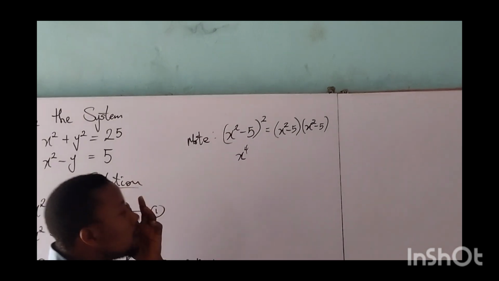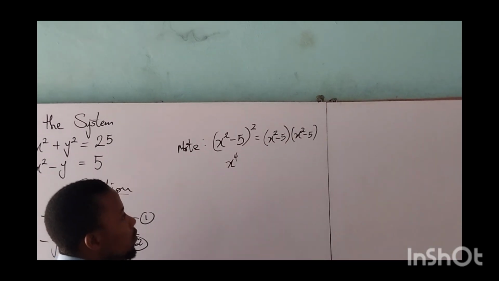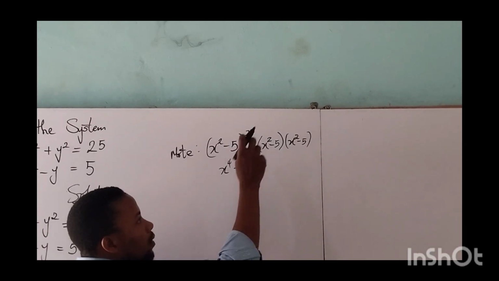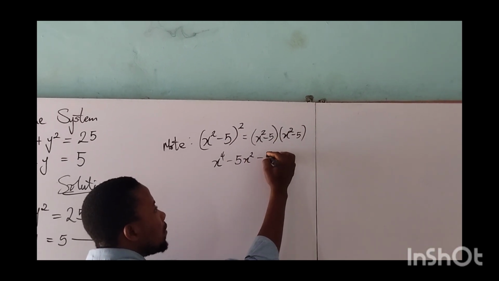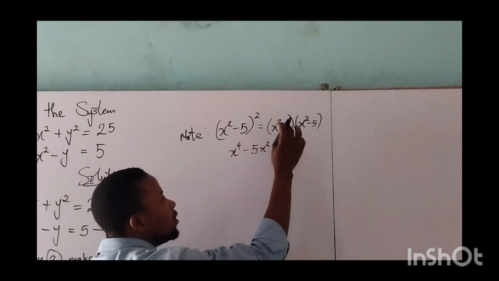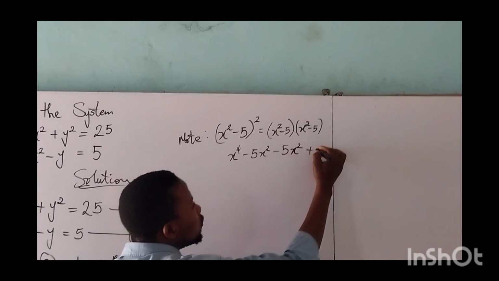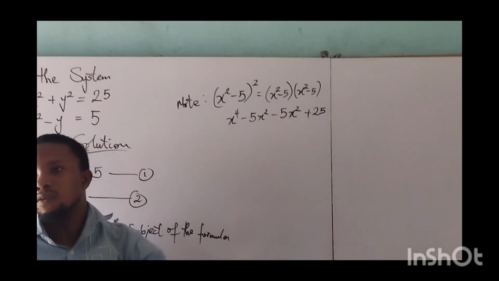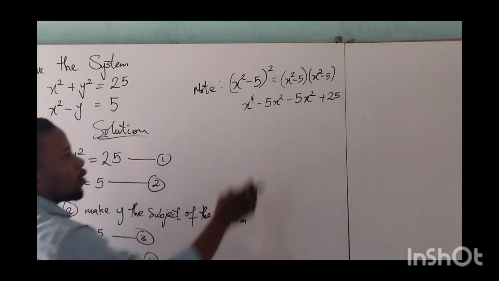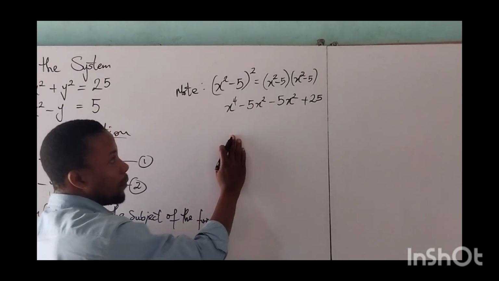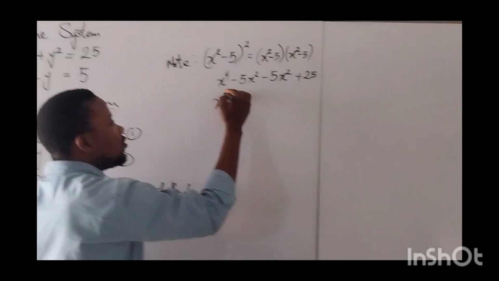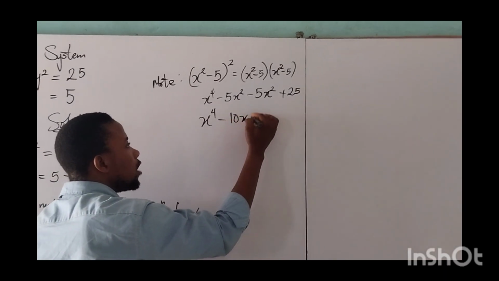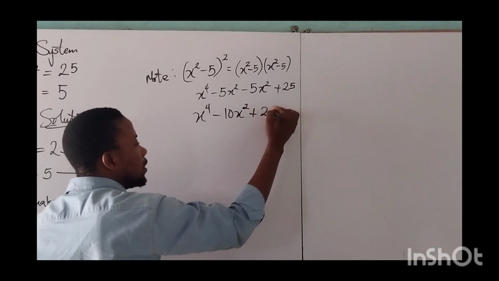This one and this one will give us minus 5x squared. This one and this one will also give us minus 5x squared. This one and this one will give us plus 25 because minus and minus is plus, and 5 times 5 will give us 25. So we are going to be adding this one and this one together because it's the same thing. So we have x to the power 4, and that will give us minus 10x squared plus 25.